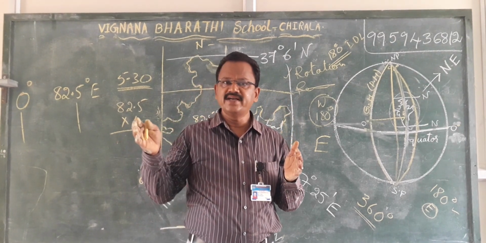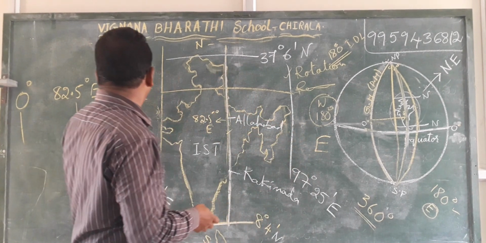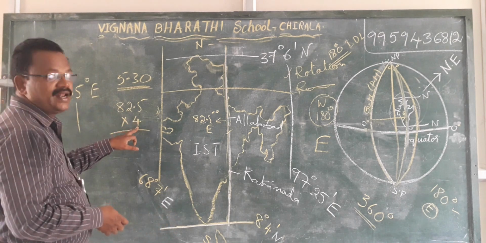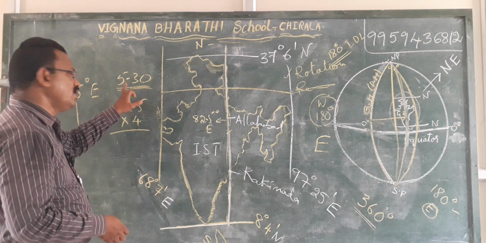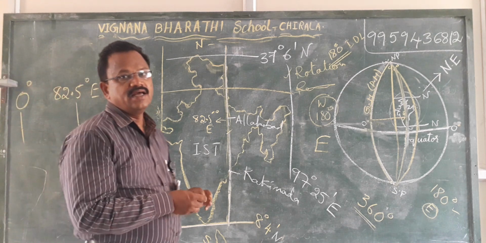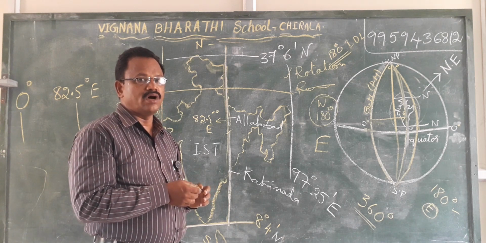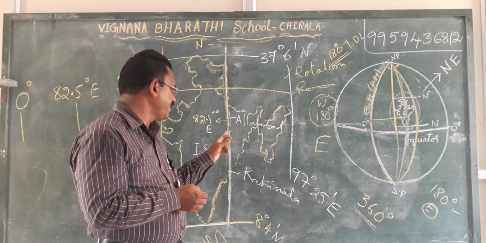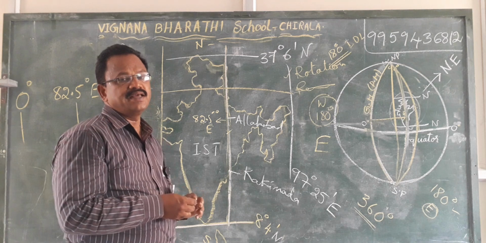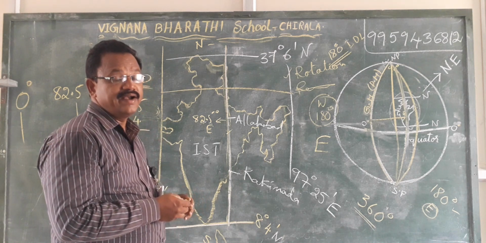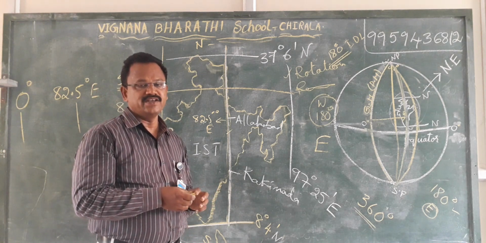The difference from the prime meridian to our Indian Standard Meridian is 82.5 degrees, multiplied by 4 minutes. Then, in total, 5 hours 30 minutes is the time difference between the prime meridian, or Greenwich meridian, and our Indian Standard Meridian IST 82.5. Our Indian Standard Time is 5 hours 30 minutes ahead of the Greenwich meridian, Greenwich Mean Time.